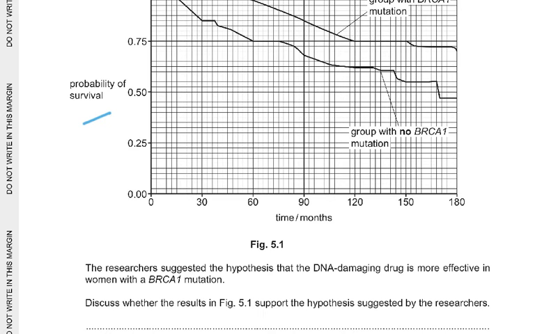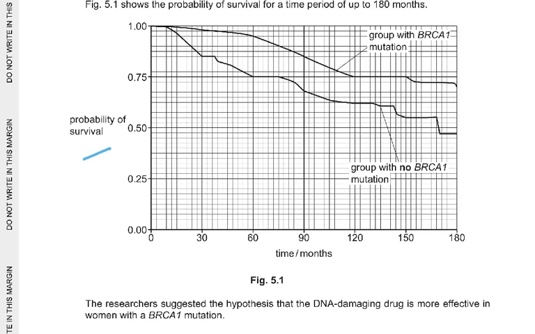So I expect you to really tell us from the graph what was happening. So the women with BRCA1, let's look at the graph. Women with BRCA1 is this one. So the probability of survival starts at 1 and over a period of time it greatly decreases. But for the women with no BRCA1, the probability of survival has in fact decreased more.